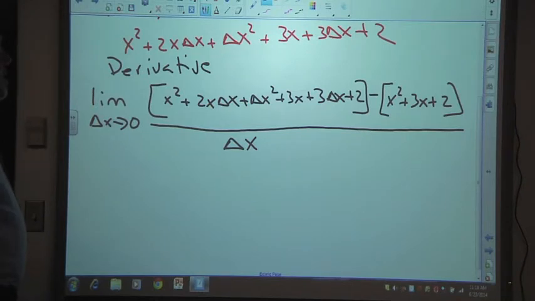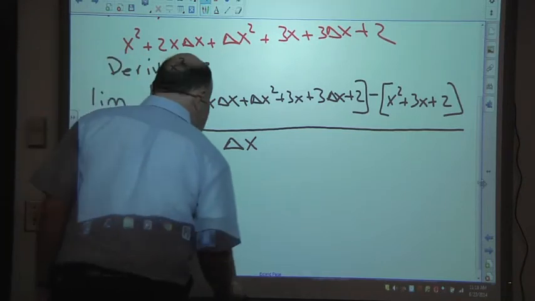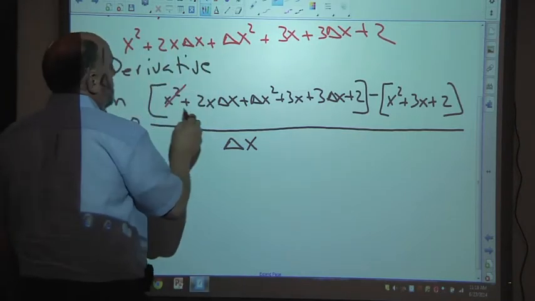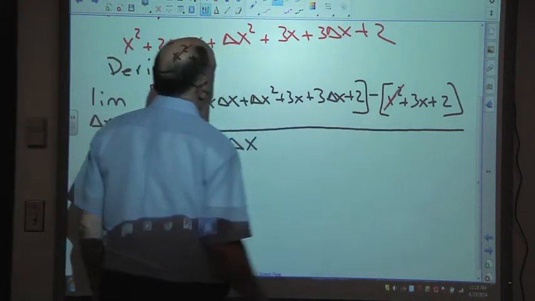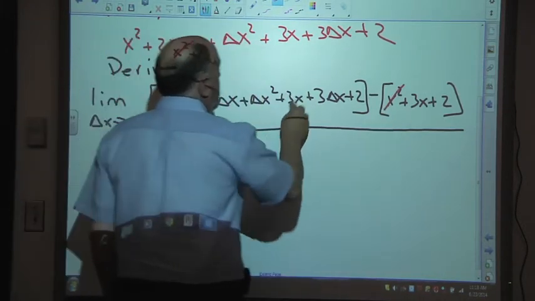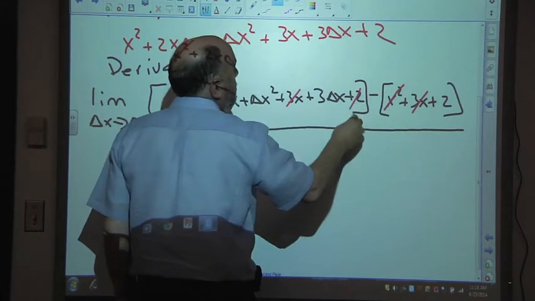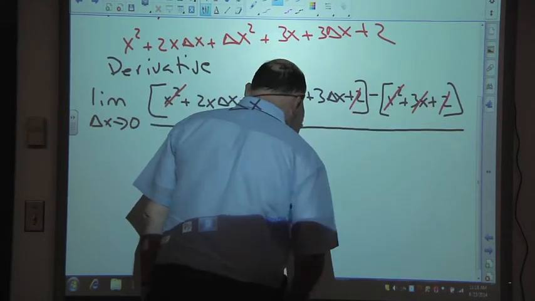So again the x squareds go away, the 3x and the 3x go, and the 2 and the 2 go.